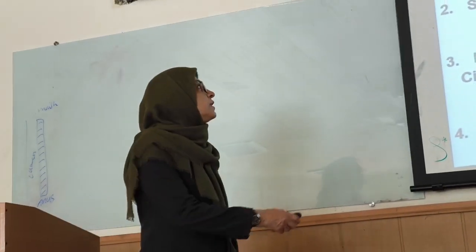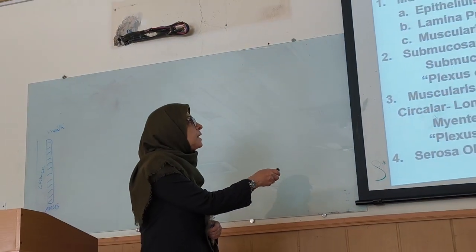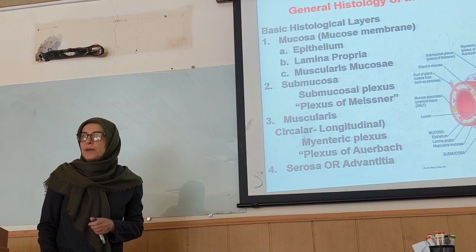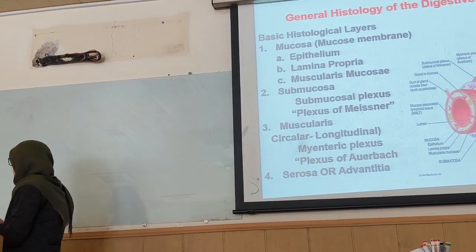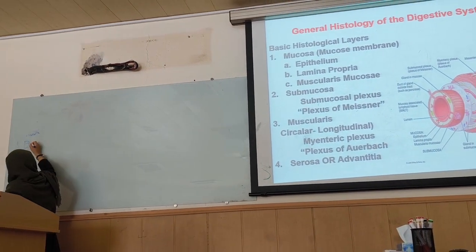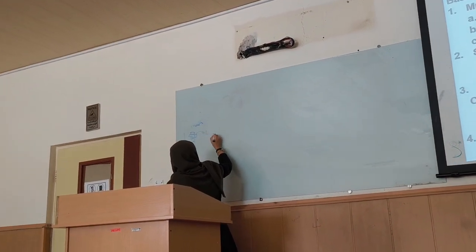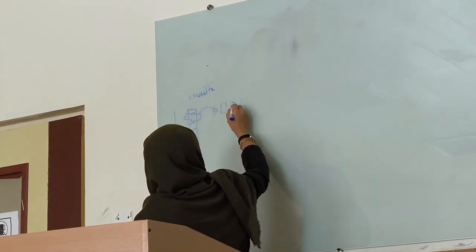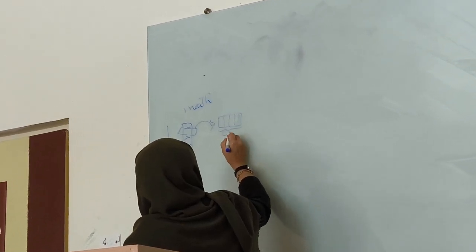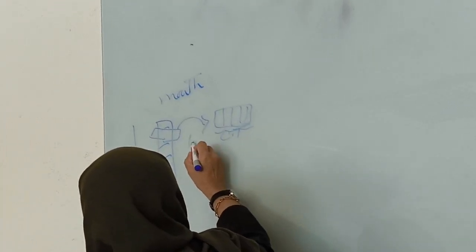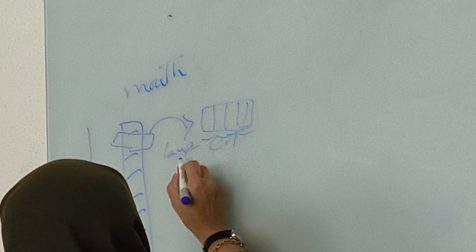In the digestive system, this part is named lamina propria. Yes, the epithelium, and under it we have the connective tissue as lamina propria.